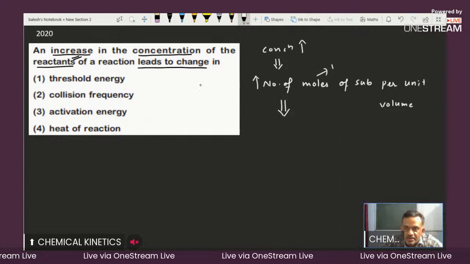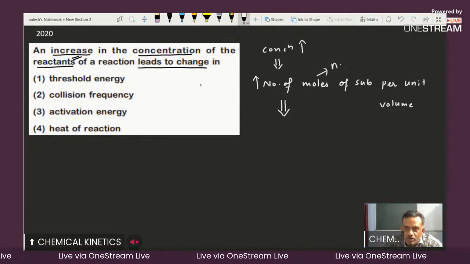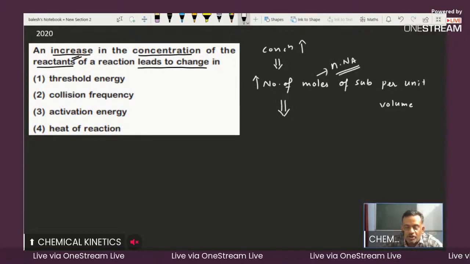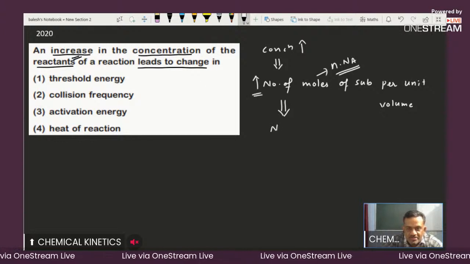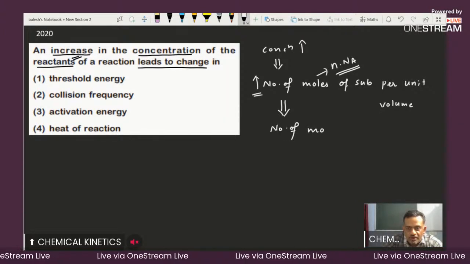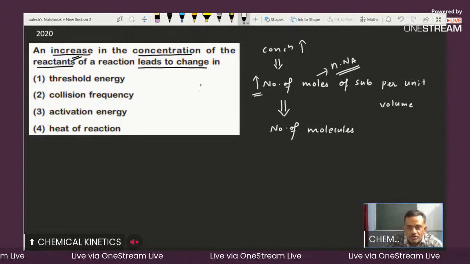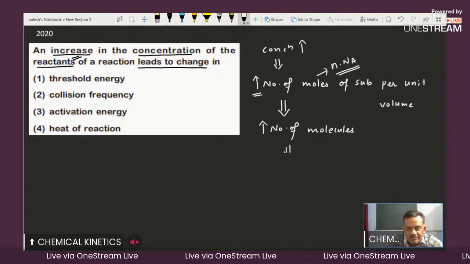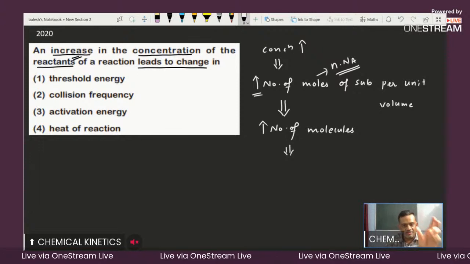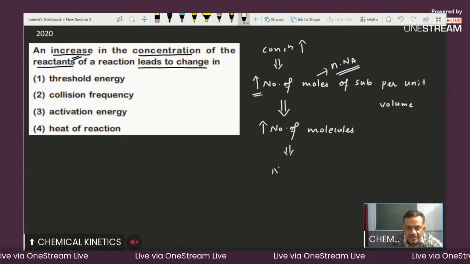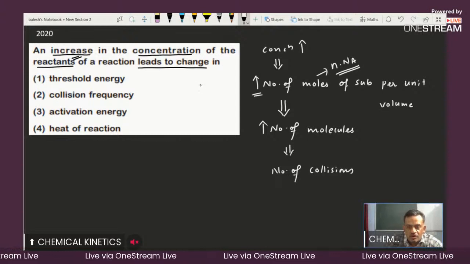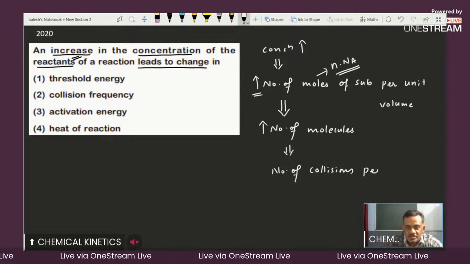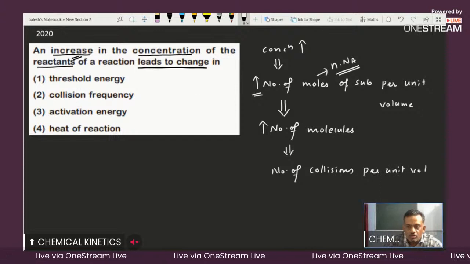Number of molecules is number of moles into Avogadro's number. So if the number of moles increases, the number of molecules would also increase. If the number of molecules in the same given volume increases, then obviously the number of collisions also increases, the number of collisions per unit volume.